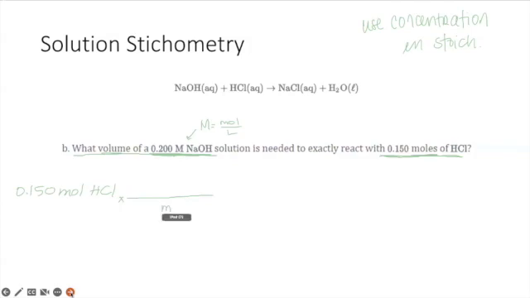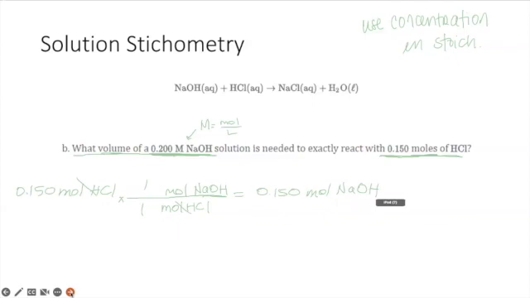So to get out of moles of HCl and into moles of NaOH, we want to use the mole to mole ratio. We want to use those coefficients. This problem is balanced, and all the coefficients happen to be 1. So when I do the math, I get 0.15 moles of NaOH.